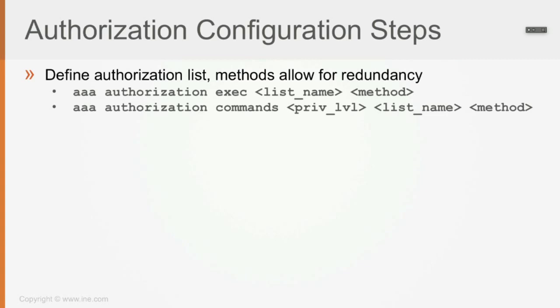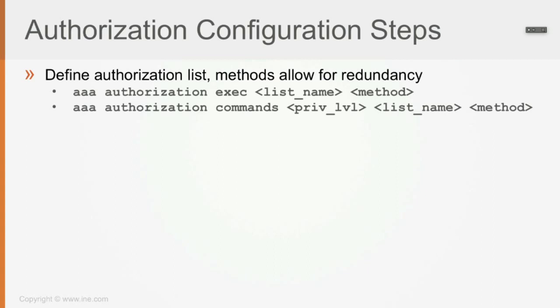Now, the authorization exec command, likewise, you have to define a list name. The same thing: you can use the default keyword or you can use a named list, and then you define the method, which likewise you can configure one or multiple methods. I'm going to use TACACS+ and local as fallback.